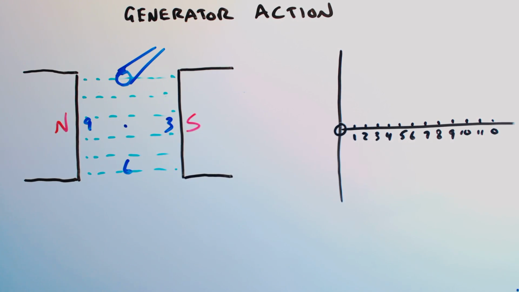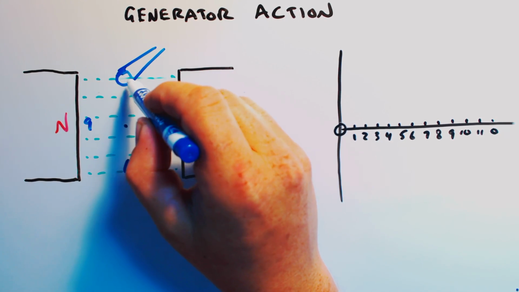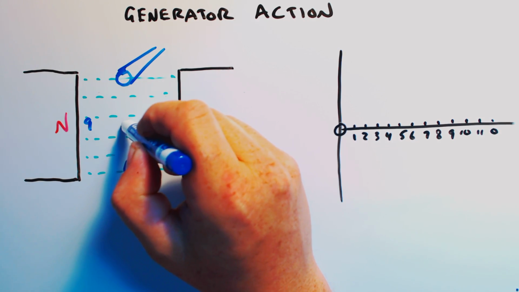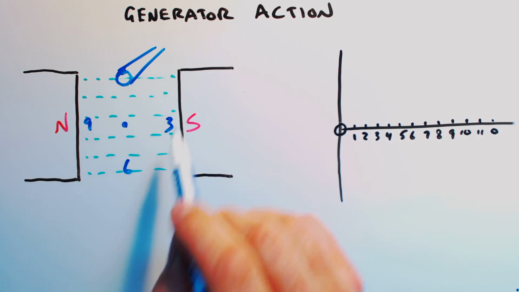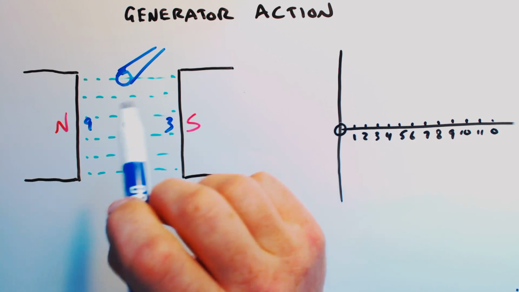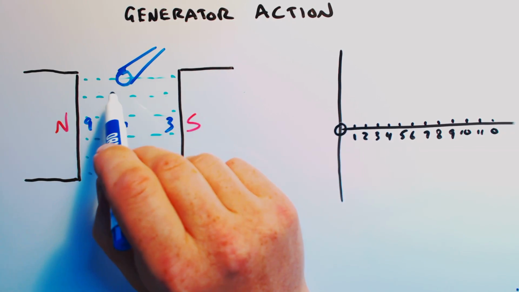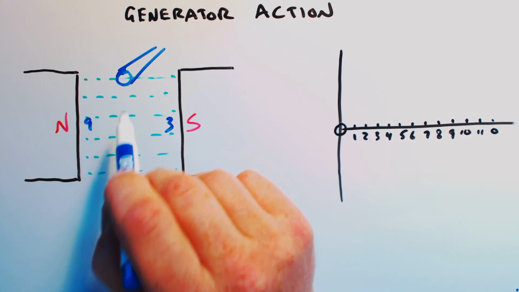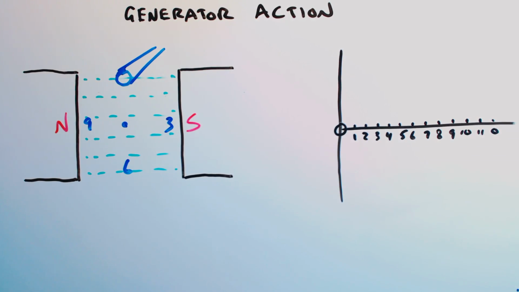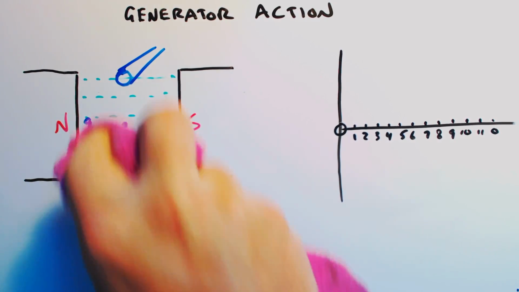What we're going to end up with is circular motion around a central point of rotation. What's interesting about this is that the conductor has to cross magnetic lines of flux in order for an induced EMF to occur.